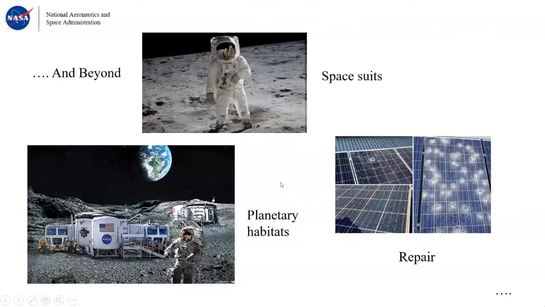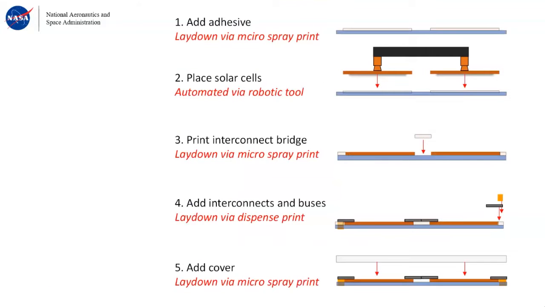And so being able to repair, meaning you print a new solar array, hook a new solar array directly in situ, maybe not using in situ resources, but in situ, is going to be important in the long term for our sustainability push.